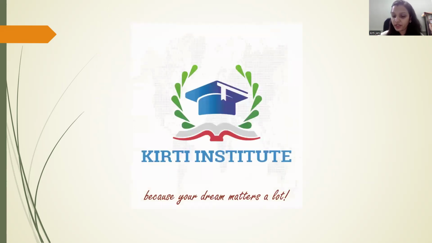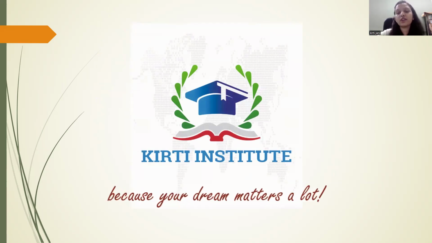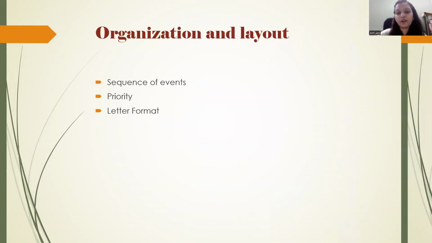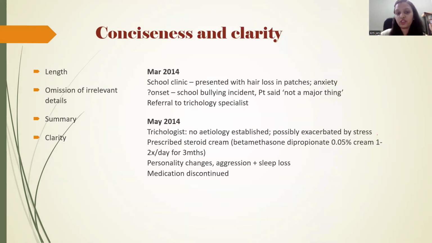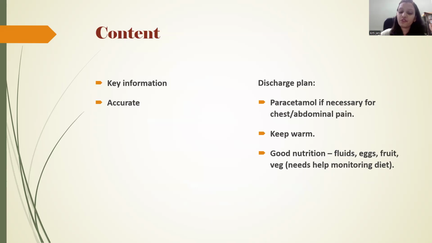So let us revise. The writing assessment criteria start with your purpose, and that will be out of a 3 band score. Then you have content, in which we have seen two things: including all the relevant information, excluding all the irrelevant information, and whatever information you are giving should be accurate.